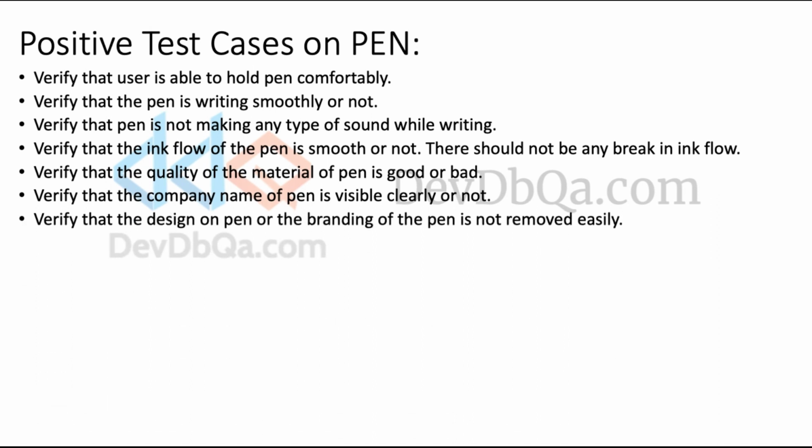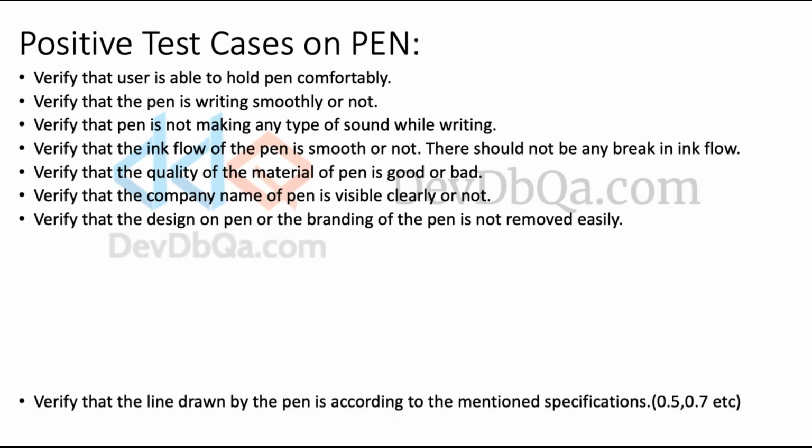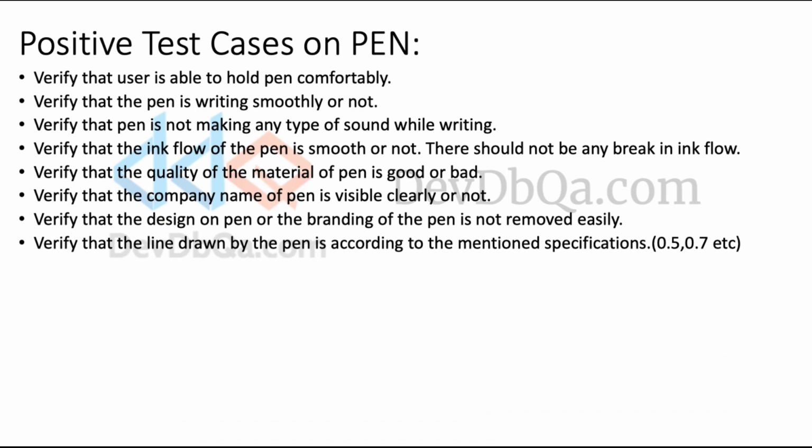Next, verify that the design of pen or the branding of the pen is not removed easily. So the name of the pen or the branding or the design on the pen body should not be removed easily. Next, verify that the line drawn by the pen is according to the mentioned specification.